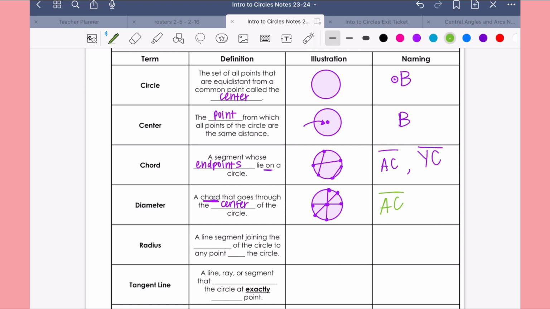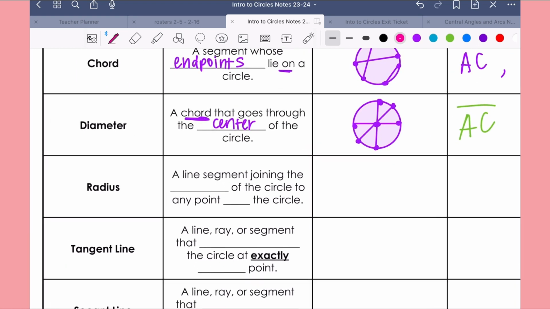All right. Radius. What is a radius? A radius is a line segment that joins the center of the circle to any point on the circle. Okay, so what does that look like? It connects the center to any point on the circle.